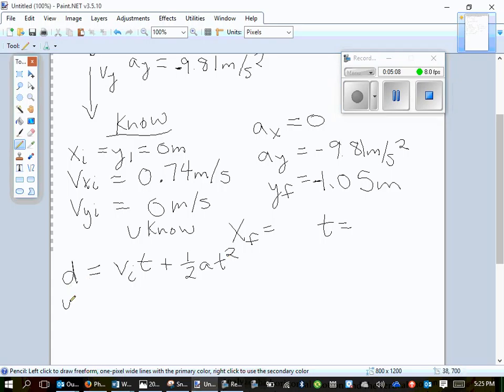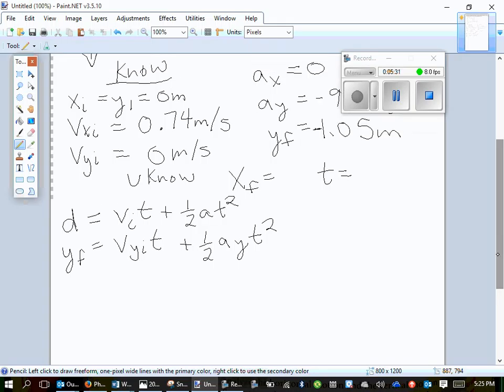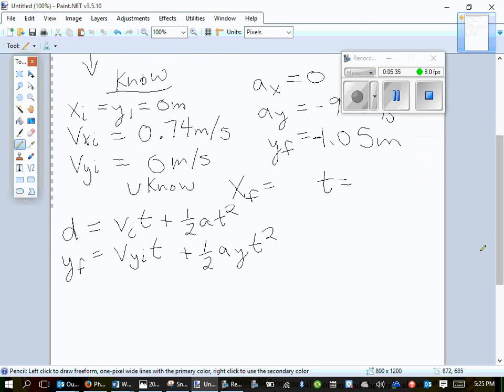So we're saying the final y is equal to the initial speed in the y direction times the time plus 1/2 the acceleration in the y direction, t squared. A couple things we know. Y final is negative 1.05. That was right here.